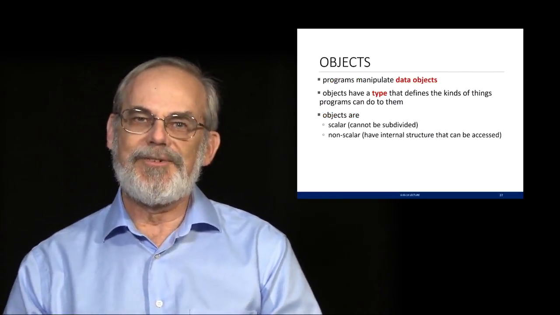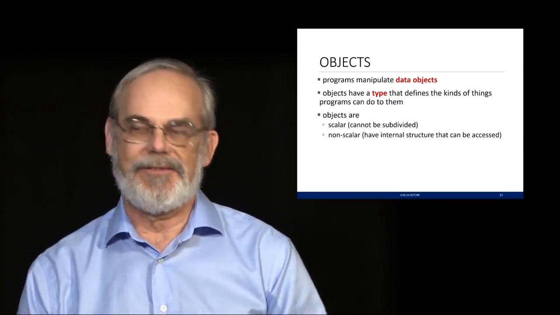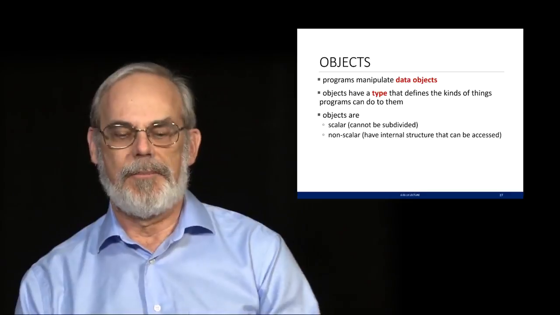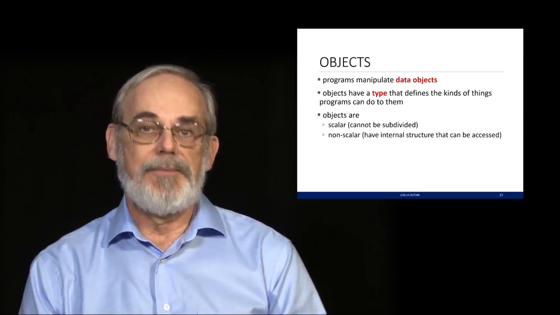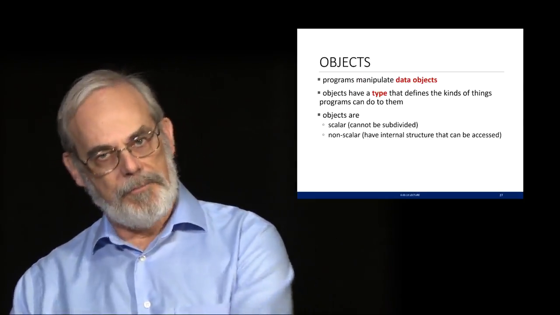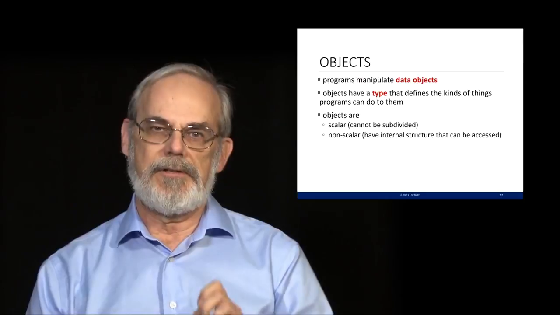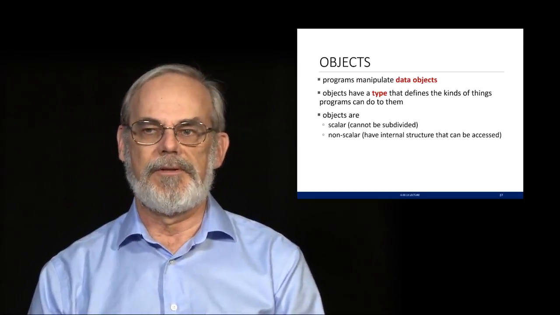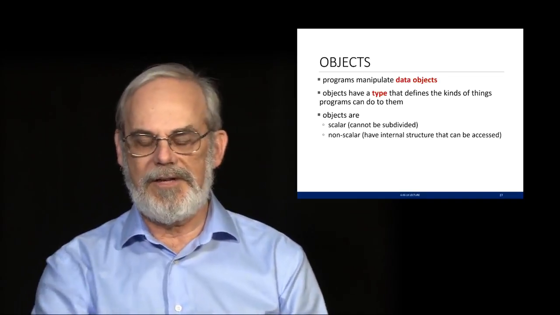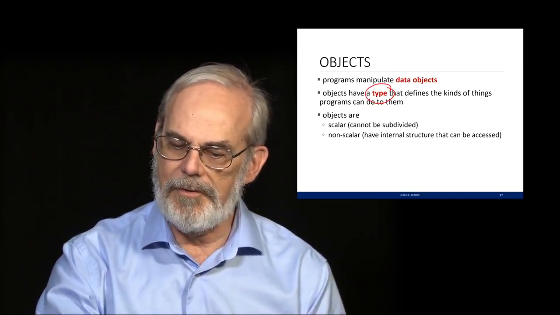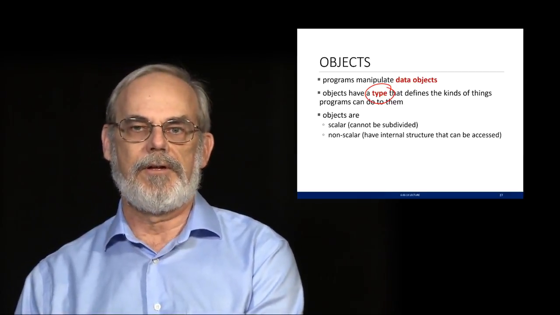Okay, we're almost ready to start programming. We know the pieces we need. Let's start with what are the fundamental primitives that represent data. Those we call objects. And programs manipulate data objects in order to get out parts of those objects or to do something with those objects. Every object has a type associated with it that tells us what kind of thing it is. And more importantly, that type tells programs whether they can act on it or not.